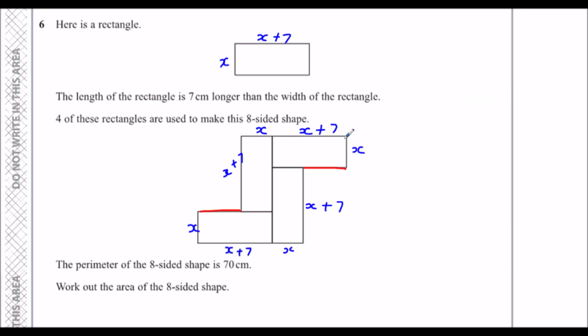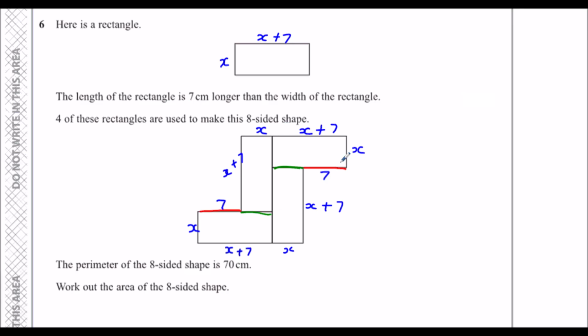So we've got x plus 7 all the way along. This green part I've just drawn is x. So if this is x, the whole way is x plus 7. That red part must be 7.